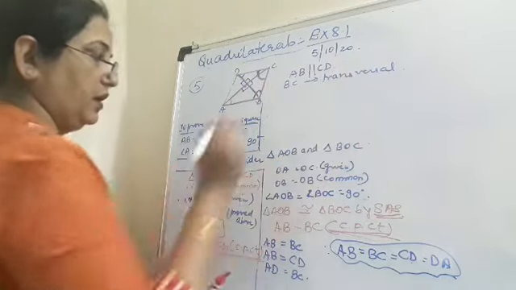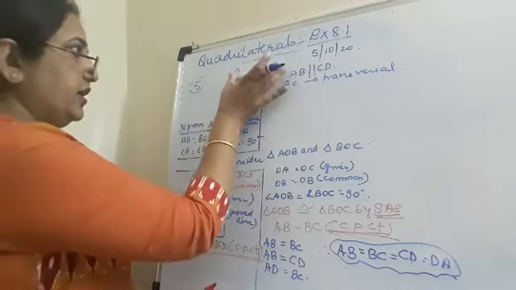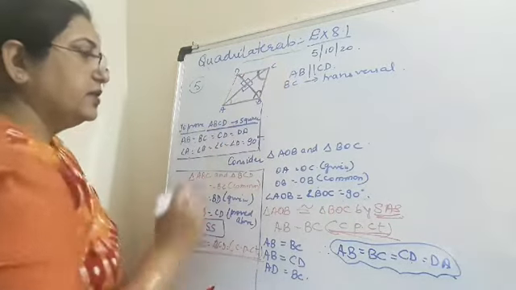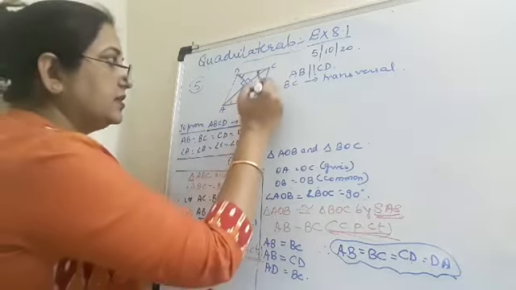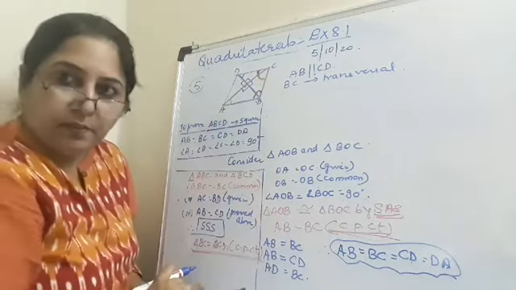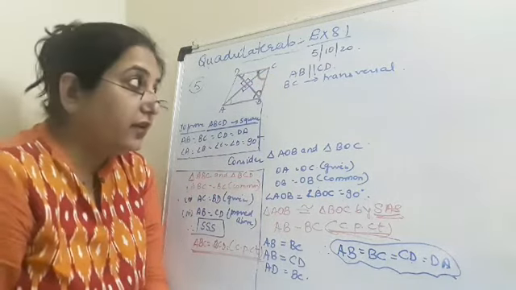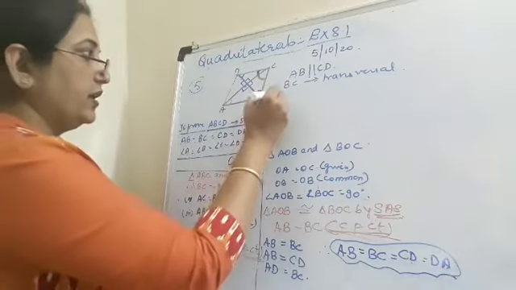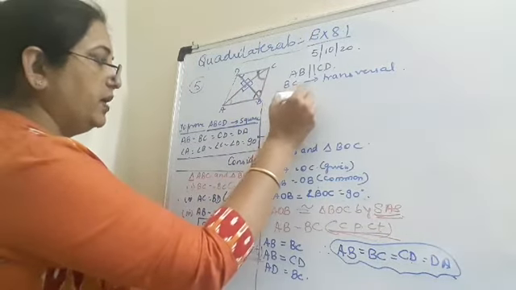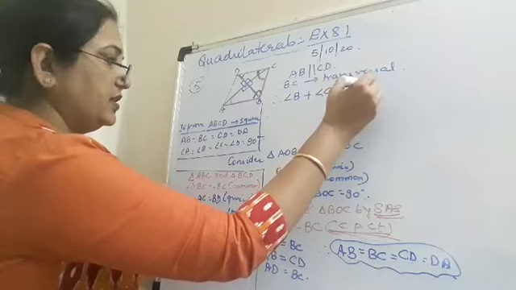Now because AB is parallel to CD and it is intersected by the transversal BC, then the sum of the interior angles is always equal to 180 degrees. So we can write therefore angle B plus angle C is equal to 180 degrees.